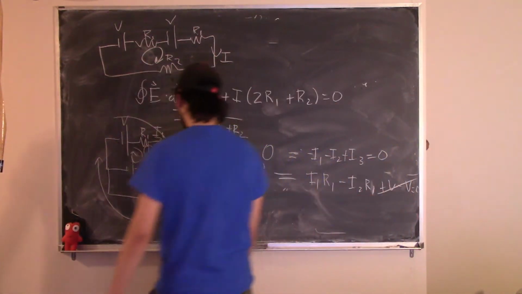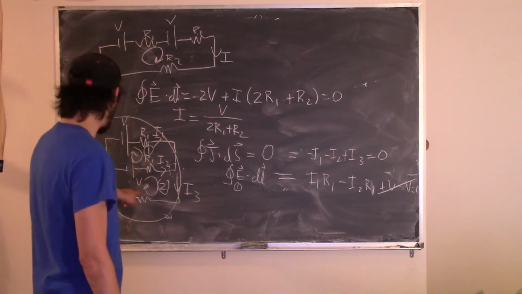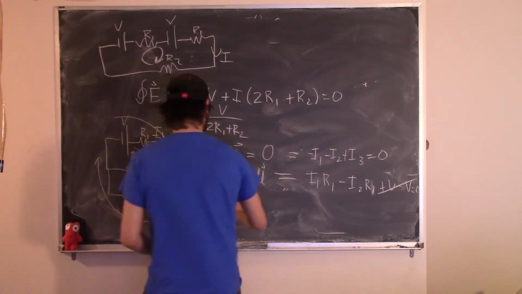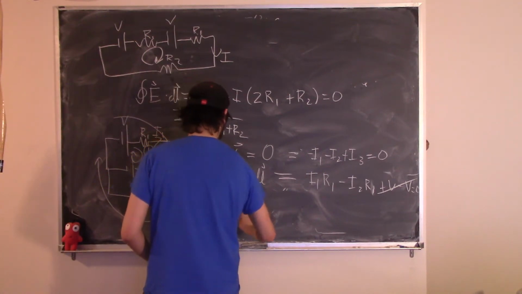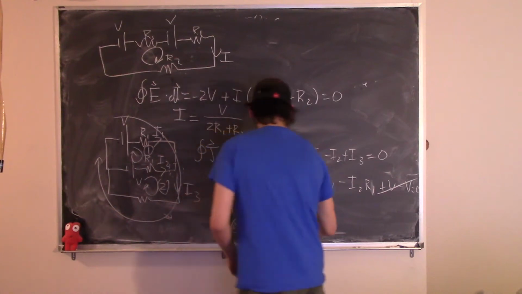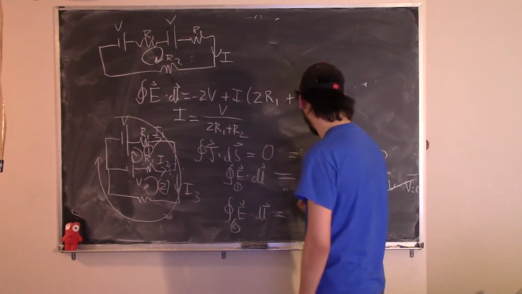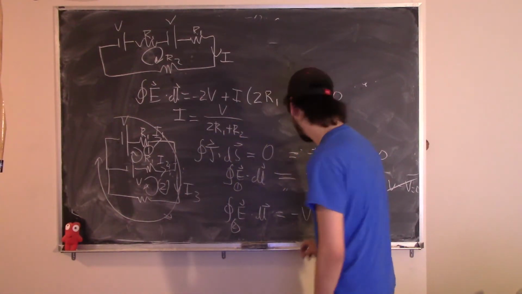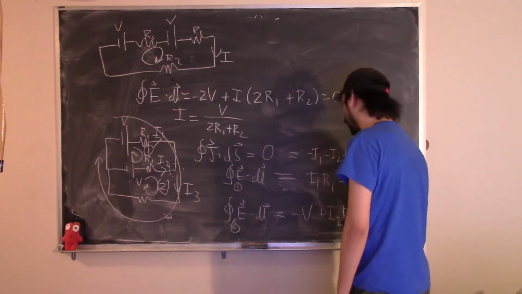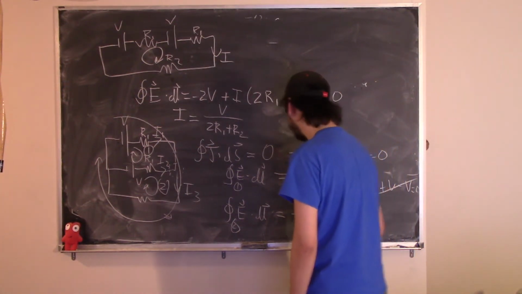I2 R1. Then this loop that I have here, so this is the integral around loop 2, says this is going to be equal to minus V plus I2 times R1, right?